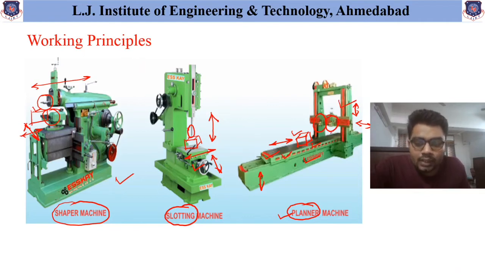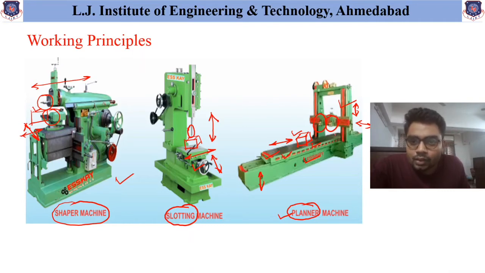So in the planer machine, the primary motion for cutting is the reciprocating movement of the workpiece, and the normal movement, that is horizontal or up and down movement, is given to the tool as per the requirement or the shape and size of the workpiece.